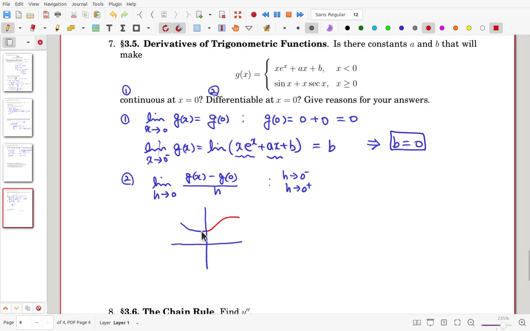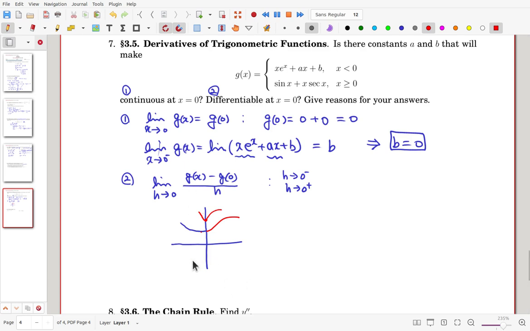Then on both sides the limit must be the same. If not, then at 0 we may have a cusp, where this side limit and that side limit are different, so the derivative doesn't exist.